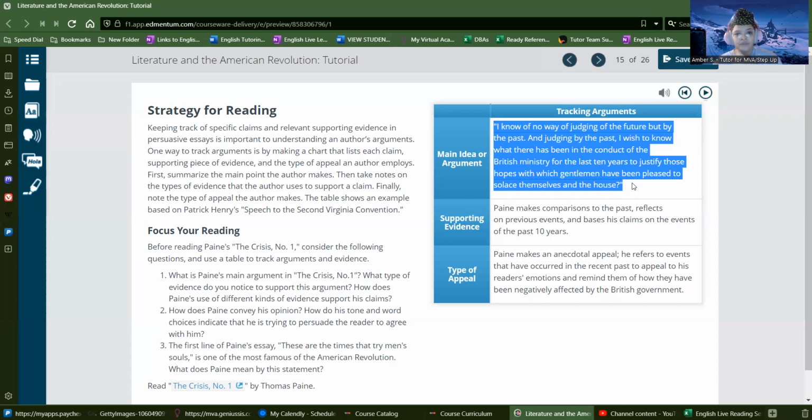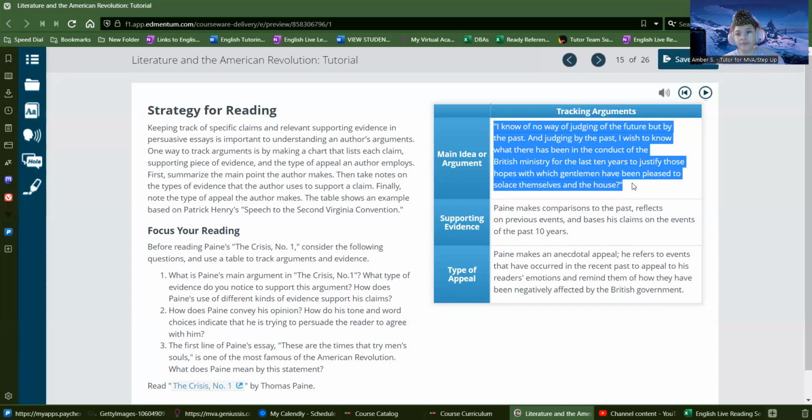Now remember, this was a speech or a piece of writing that was asked to be read to people at a convention to help inspire more people to volunteer as soldiers to help with the war, right? Things were getting difficult.